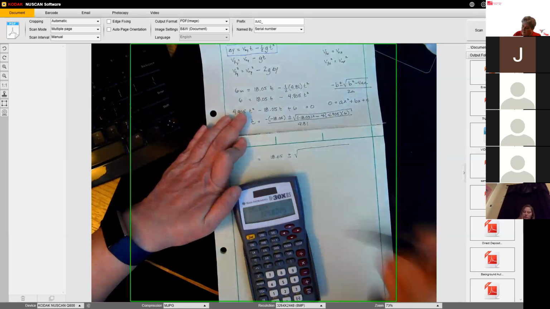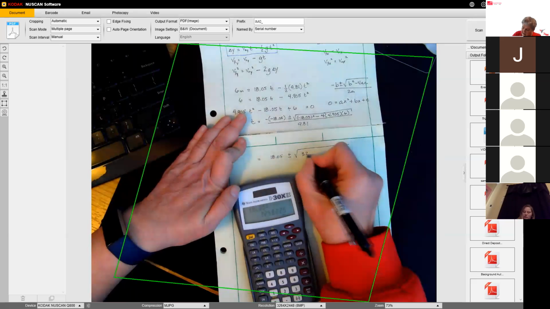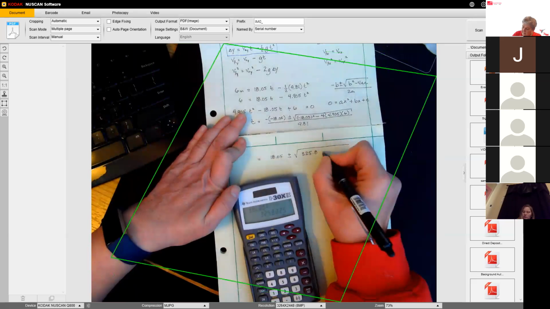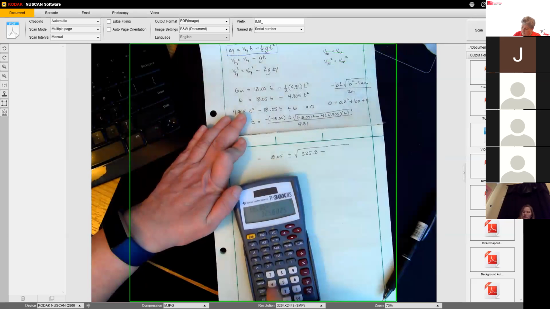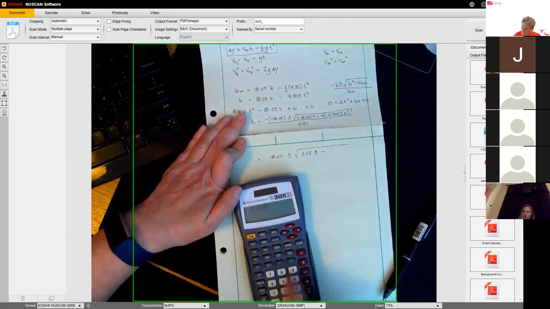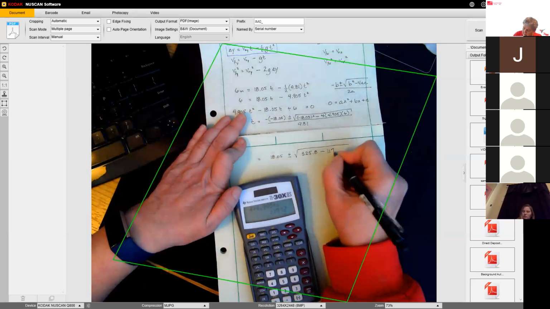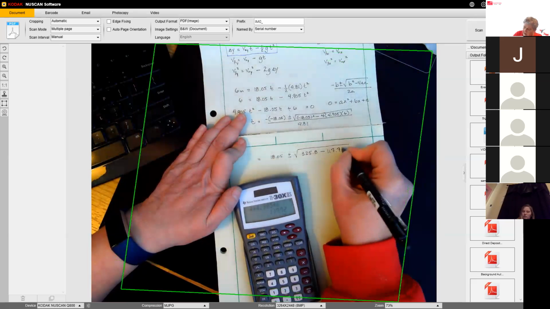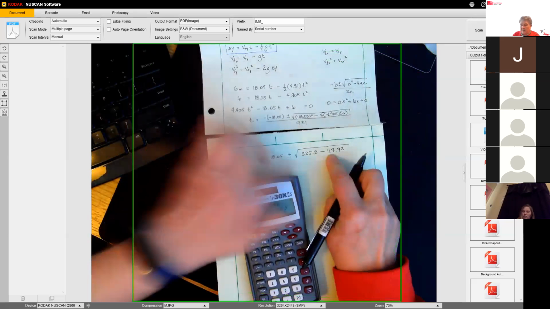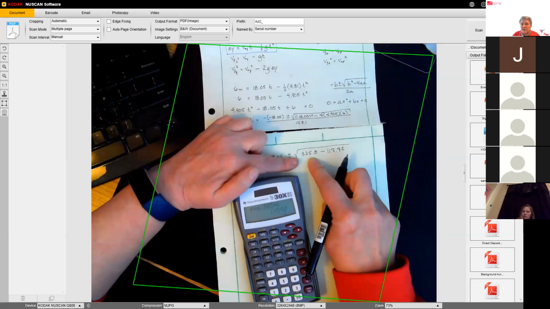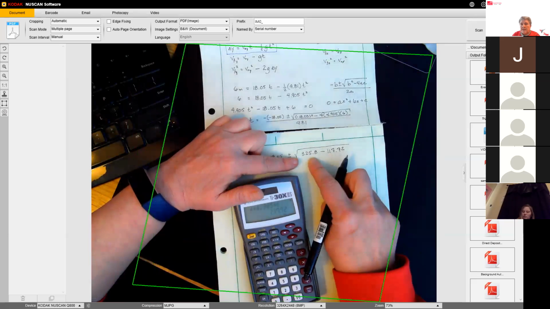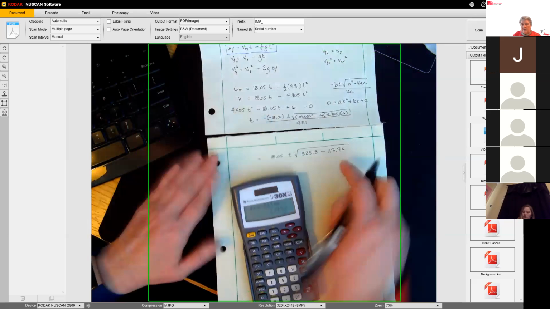So this is going to give me 325.8 minus. And this is one of the reasons why I like to do it this way, because now if I end up with this number being bigger than this number, I know I've screwed up, because I can't have a negative under the radical, right?